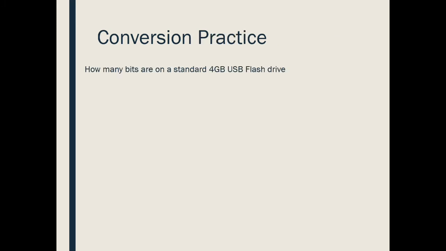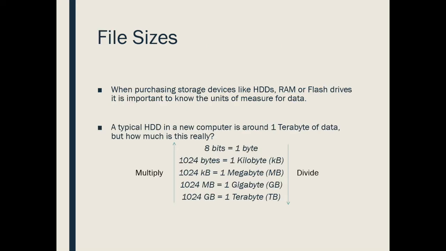So let's try it with something a little bit bigger. How many bits are in a 4 gigabyte flash drive? Well, we start at gigabytes, and we're going to use this table right here. We're going to go one step at a time to a smaller unit of measure. And every time we have to multiply, because we're going from a bigger unit to a smaller unit. We're going to get more of them.